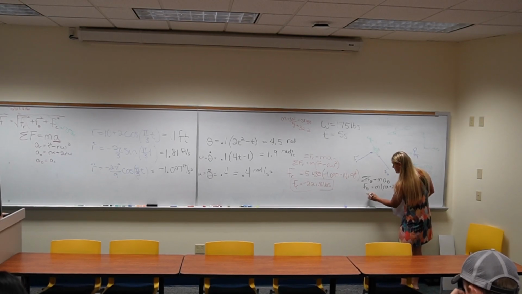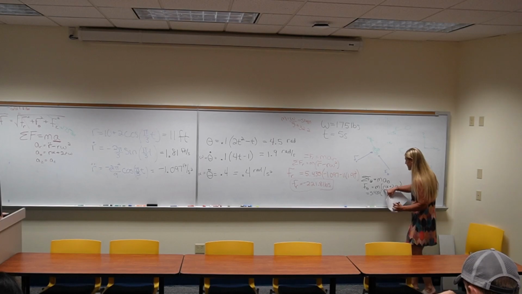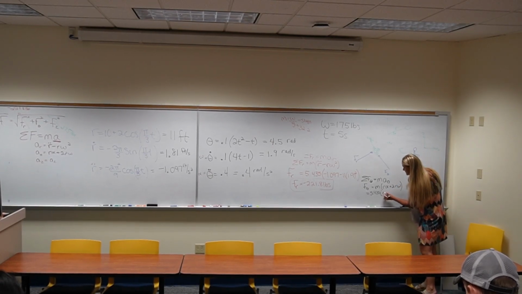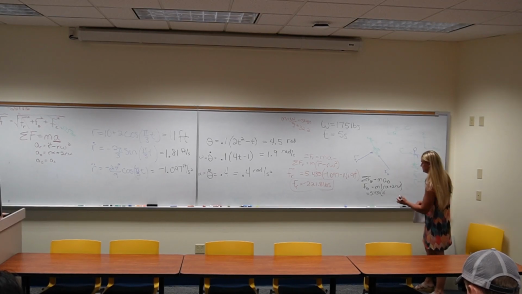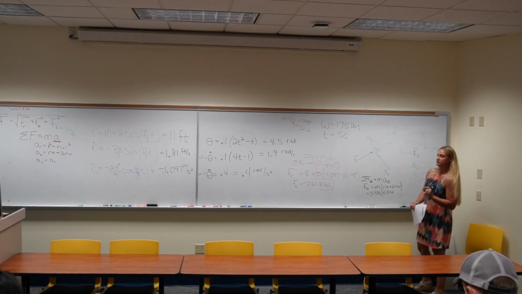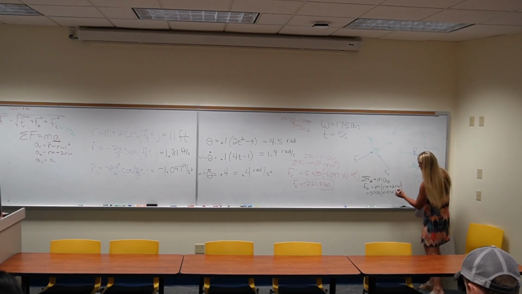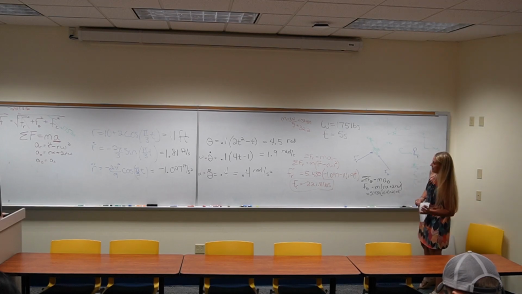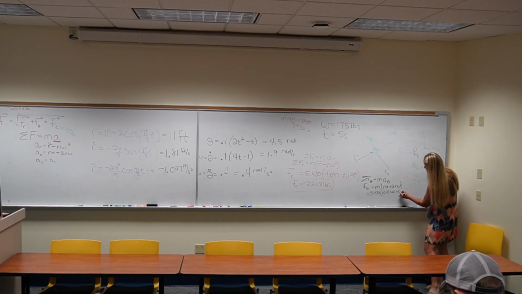So let's go ahead and calculate this. Our mass was 5.435 slugs. What do we have for R? 11 times, what do we have for alpha? 0.4, good. And then we have R dot. What do we have for R dot? Good. And what do we have for omega? 1.9, awesome.